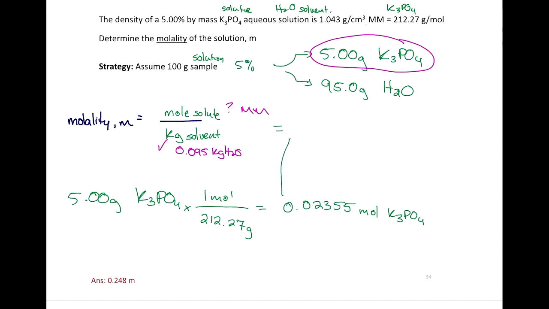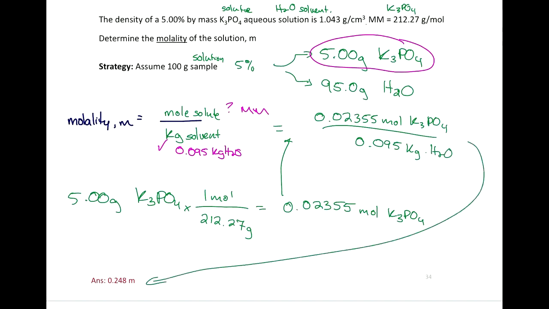So I can now finish the calculation where the number we just calculated goes in the numerator: 0.02355 moles of salt, K3PO4, over 0.095 kilograms of H2O, and we get an answer of 0.248 molality, small m, of this solution, right?